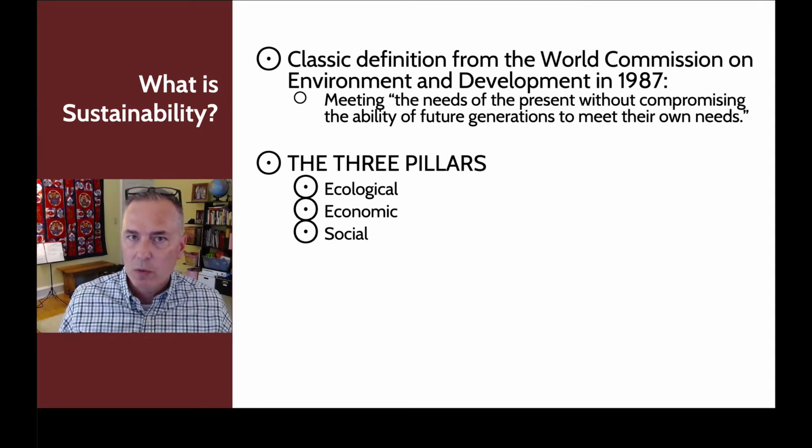Along with that, we almost always talk about sustainability in terms of the three pillars: the ecological, the economic, and the social pillars. We'll get more into those when we talk about, again, the Cates et al. article and the Bostrom article, which we'll talk about a little bit more in Wednesday's class, which says that the social dimension often is the overlooked, understudied, neglected dimension of sustainability.